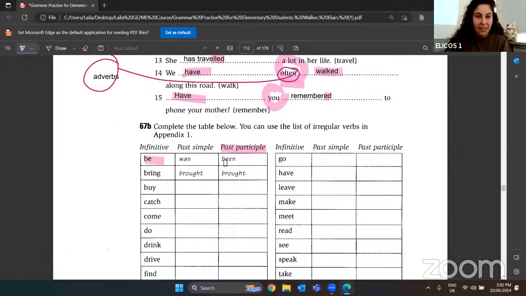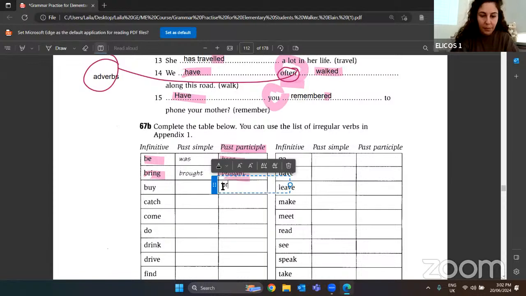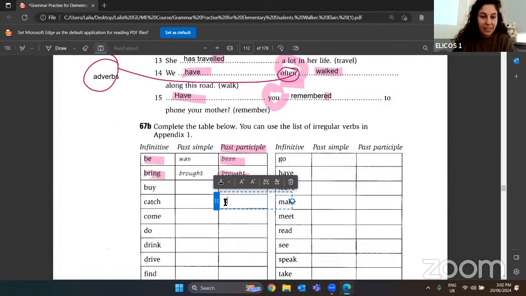Be is been, bring is brought. What would buy be? Buy, bought. Bought, brought. Catch, not your past simple, because that would be catched. Have you caught? These are irregular.